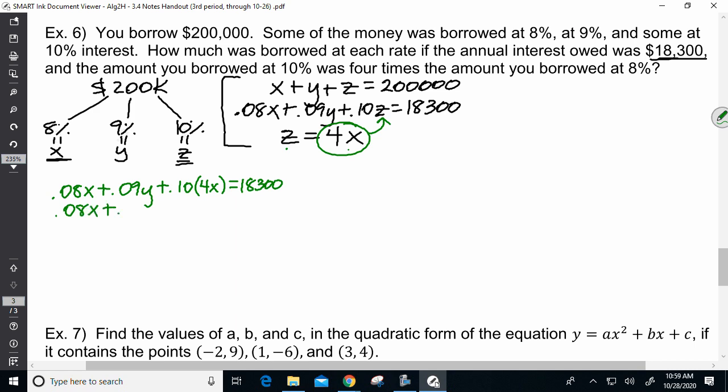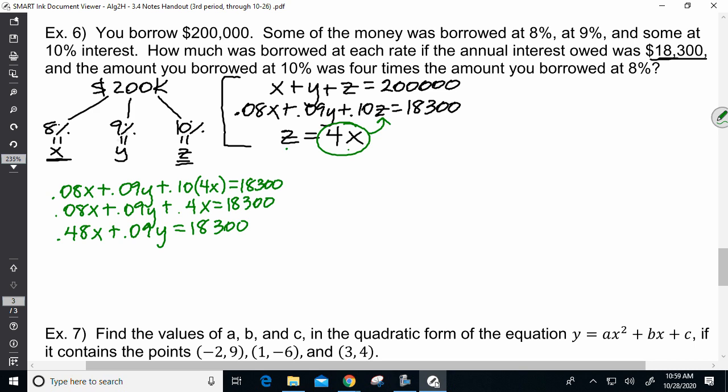Clean this up. 4 times 0.10 is 0.4x, so 0.08x plus 0.4x, and the total is 18,300. This is 0.48x plus 0.09y equals 18,300.